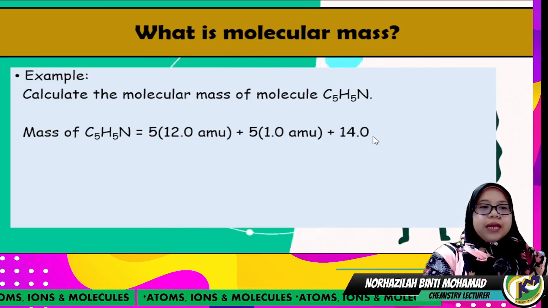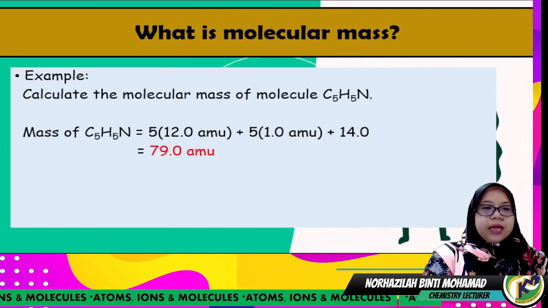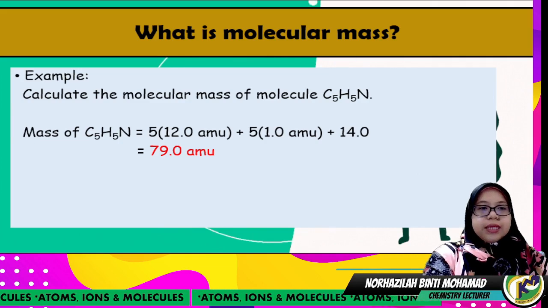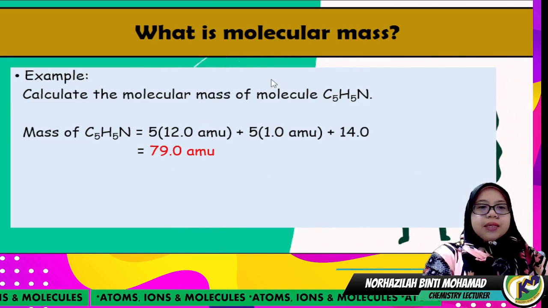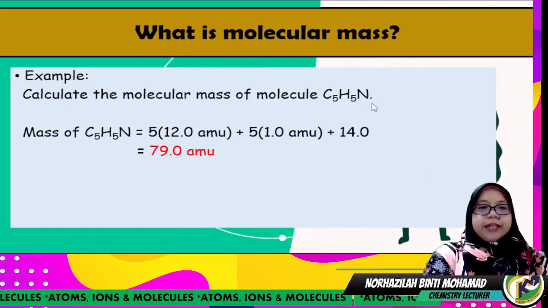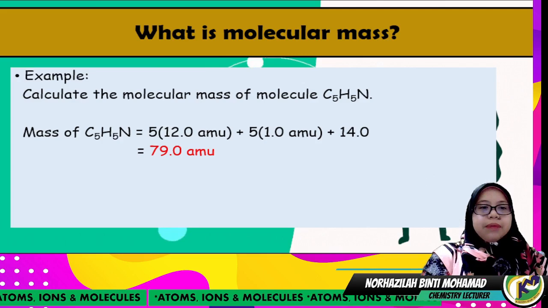We only have one nitrogen. So the total here is 79.0 AMU. So this is the molecular mass of molecule C5H5N. Okay, that is how we calculate the molecular mass of C5H5N.